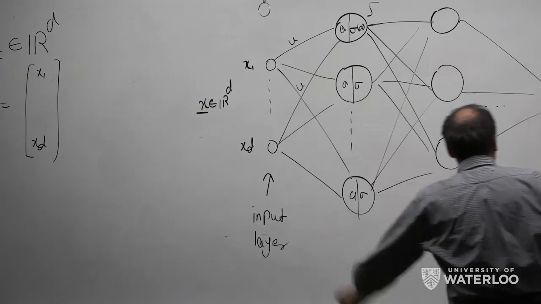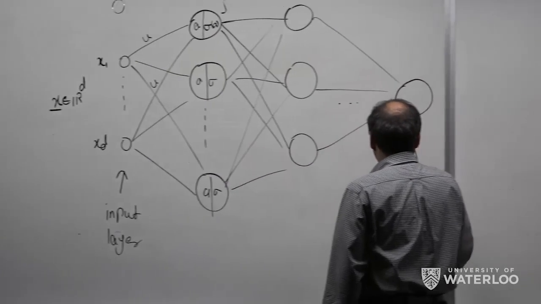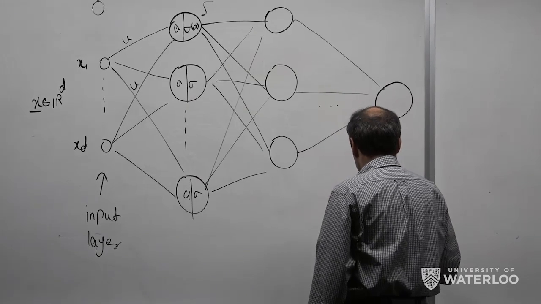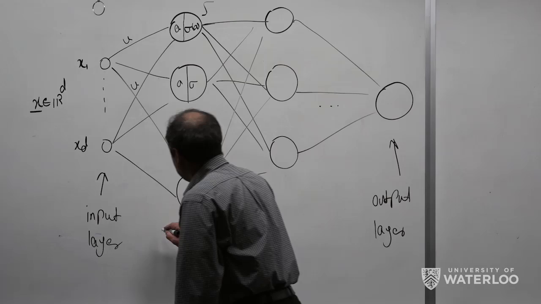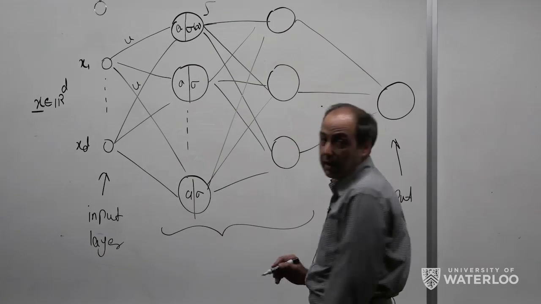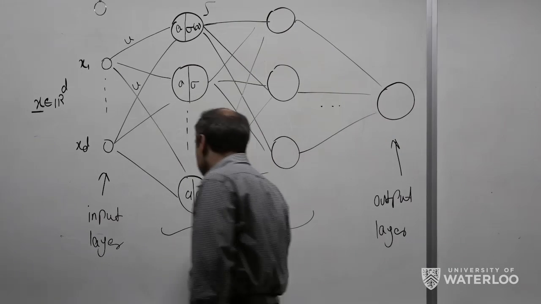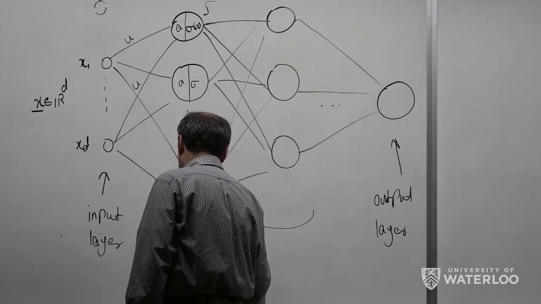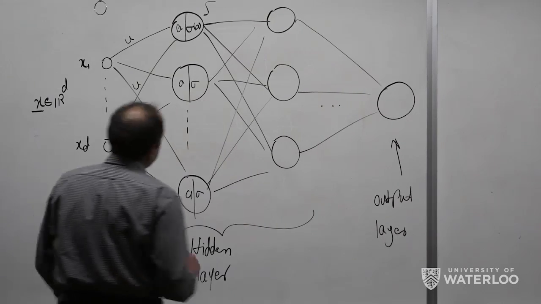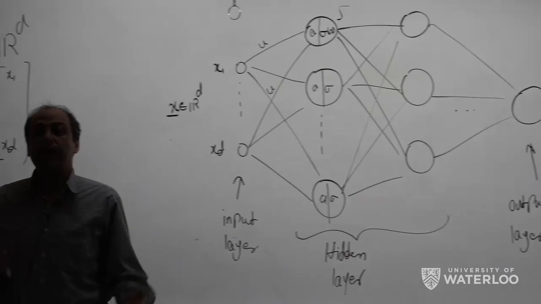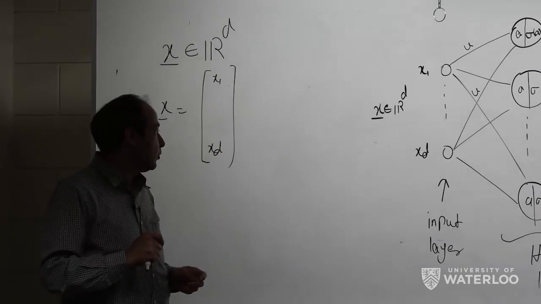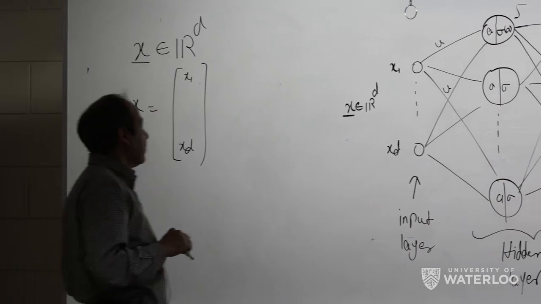So this is called input layer. This is called output layer. And any layer between input and output layer is called hidden layer. And we may have one hidden layer, we may have 10 hidden layers, we may have many hidden layers. It's up to you how you design your network.